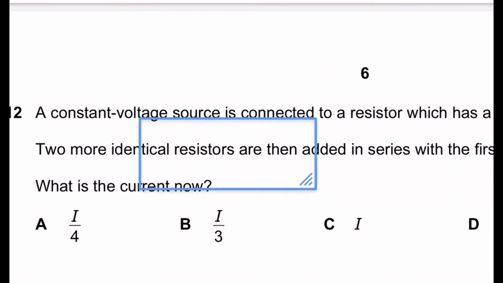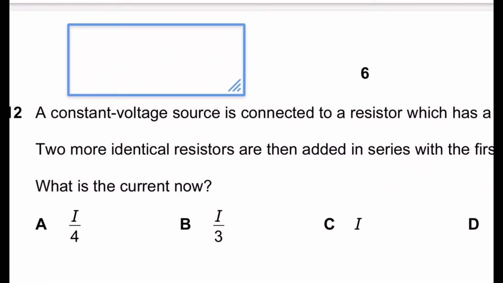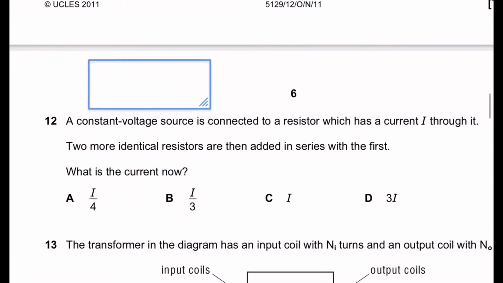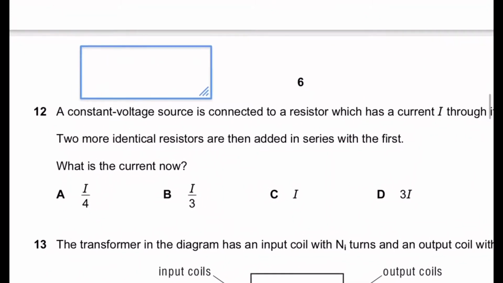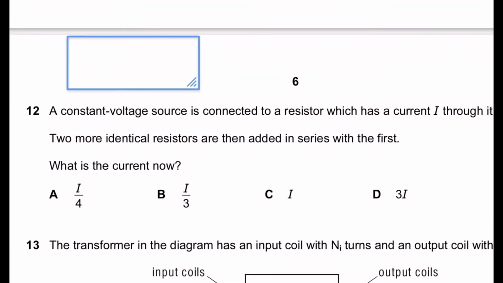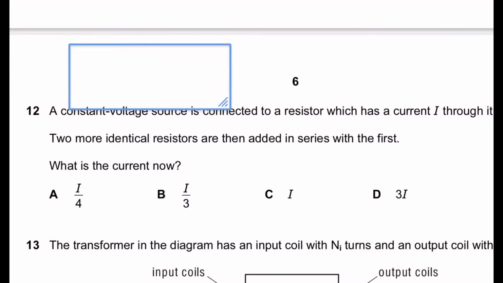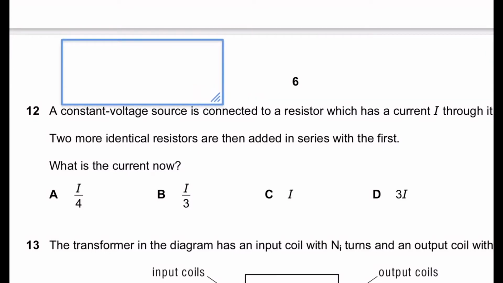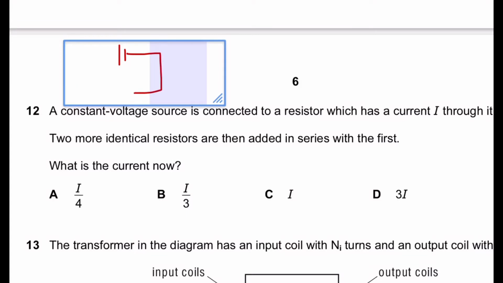The first diagram is before adding the two identical resistors. Let me use a thinner line. Let's pretend you're using one single cell, then you have a resistor here. Excuse my bad drawing of the circuit, but that's how it should look.